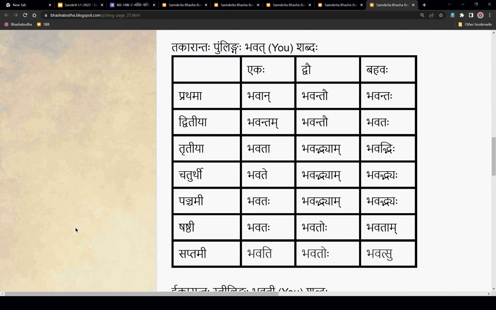Can someone read this entire table just for pronunciation practice? Yes.